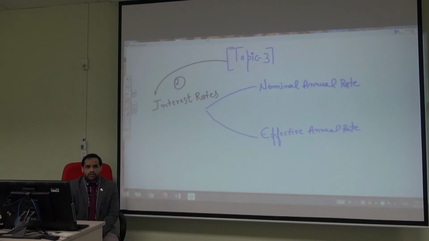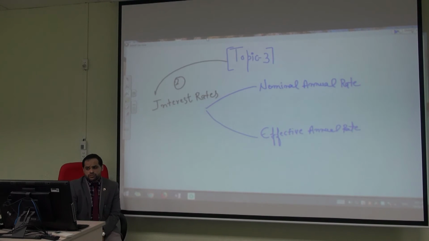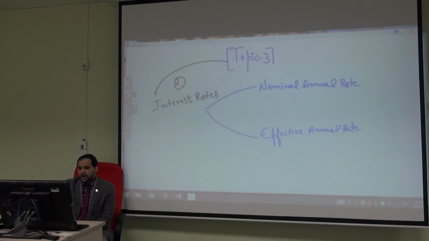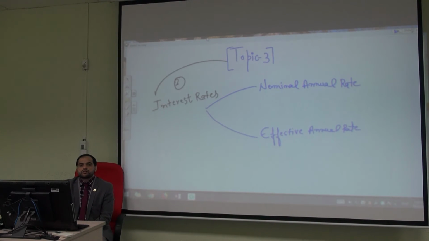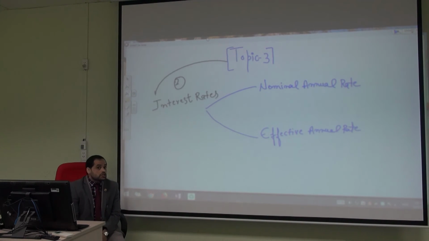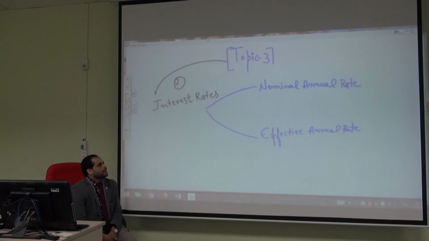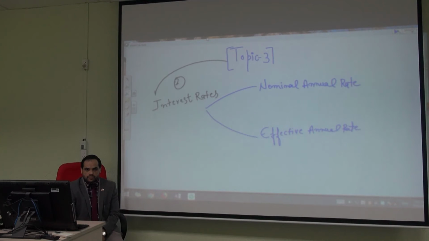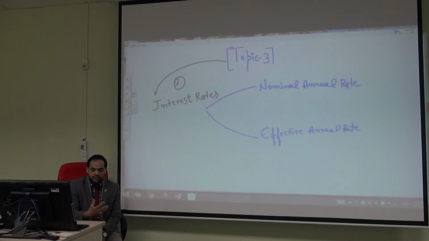Probably for 3 months, 6 months, 1 month, right? So in that case, our rate is going to change, right? So whatever rate is changed, that's the rate we call effective annual rate, right?